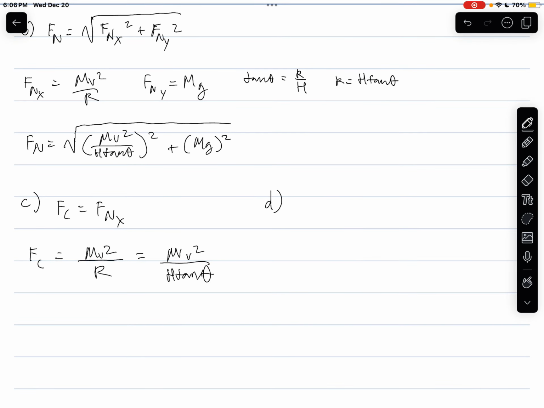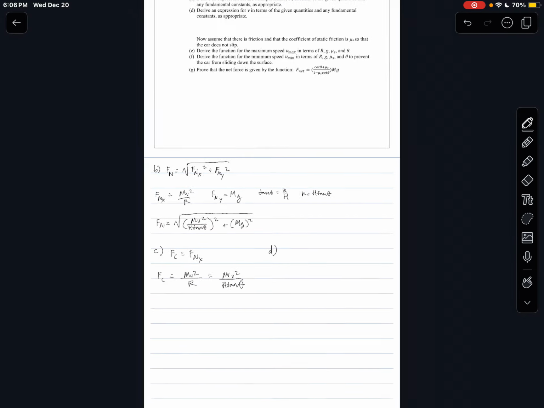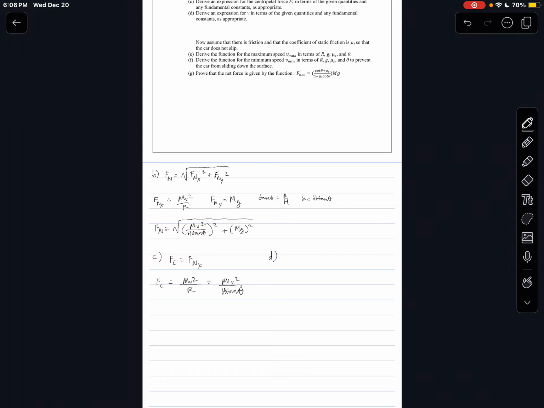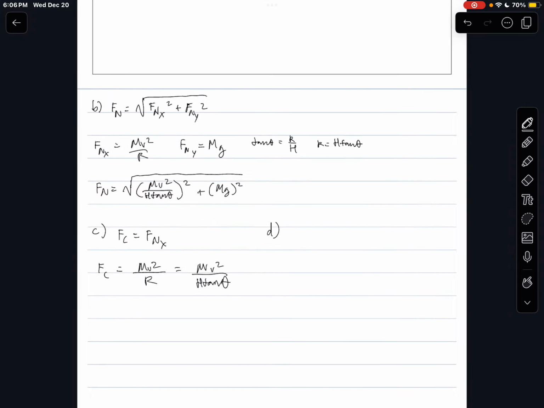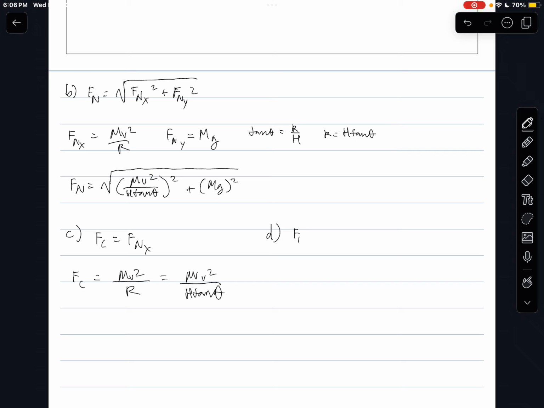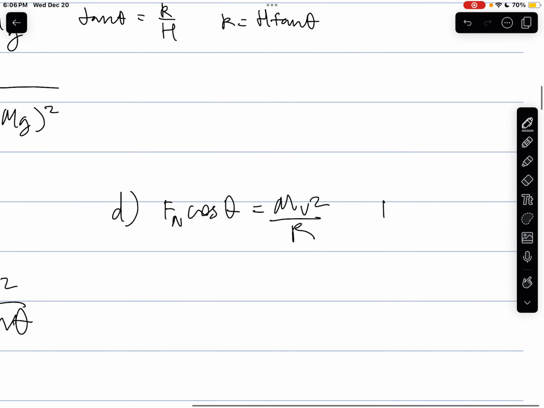And then for part D, I know that the Fnx is the centripetal force, so I can set it equal to mv squared over r. And then Fn sine of theta, which is Fny, is going to equal mg.